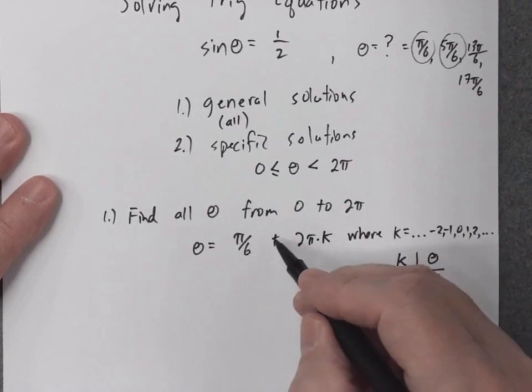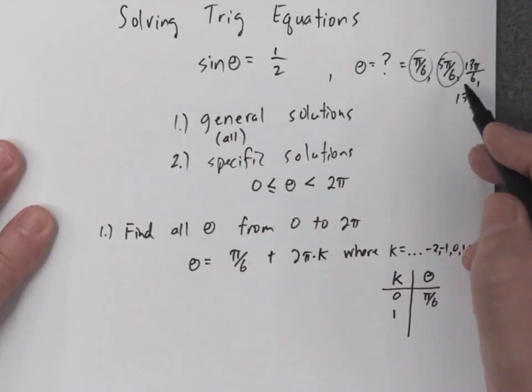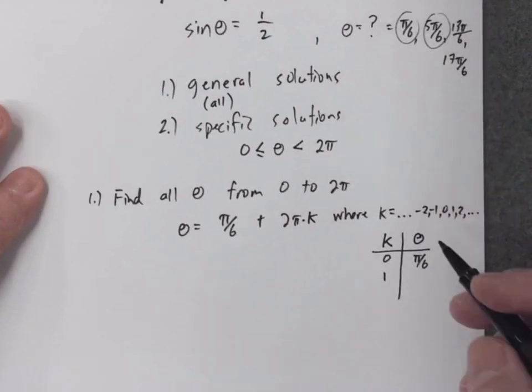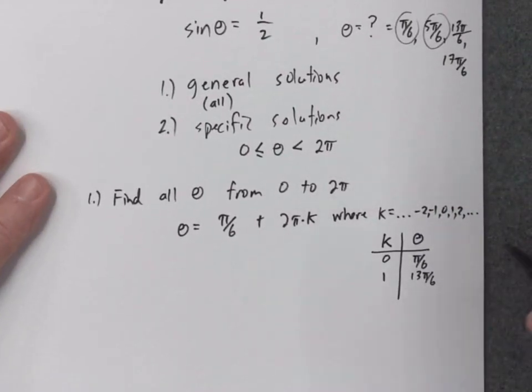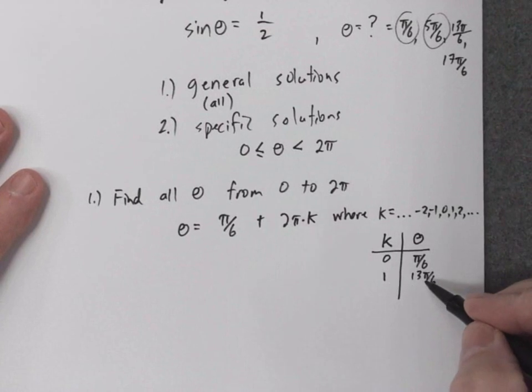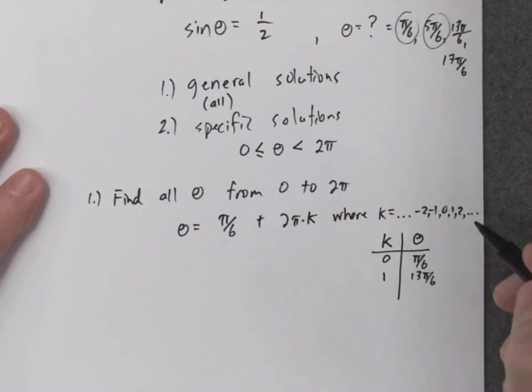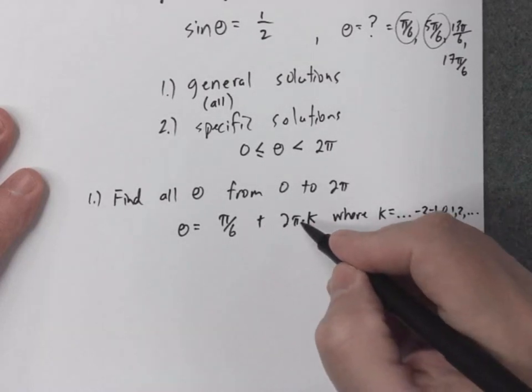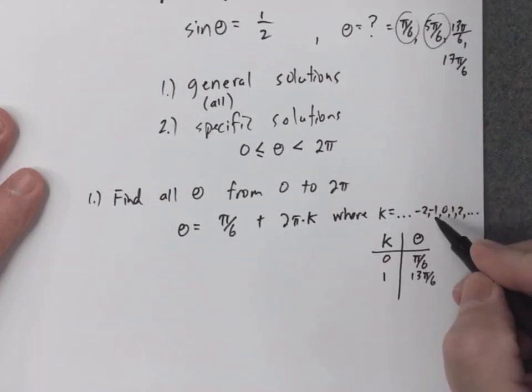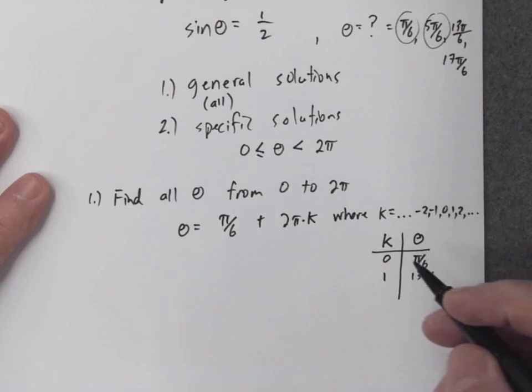So pi over 6 plus 2 pi, we already did that. That's that 13 pi over 6. And that's another solution. And if I plugged in 2 for k, I would have pi over 6 plus 4 pi. I also have to include negative numbers.